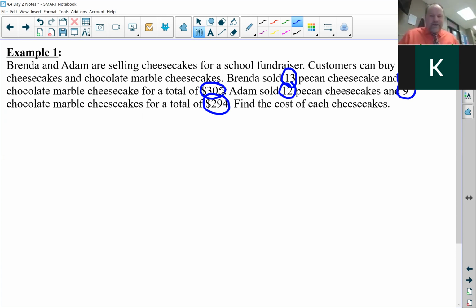Then I underline the question, or what I'm trying to find. A lot of times that's the very last part of the problem, where it just says find this or what is, and then you have to find what you're looking for.